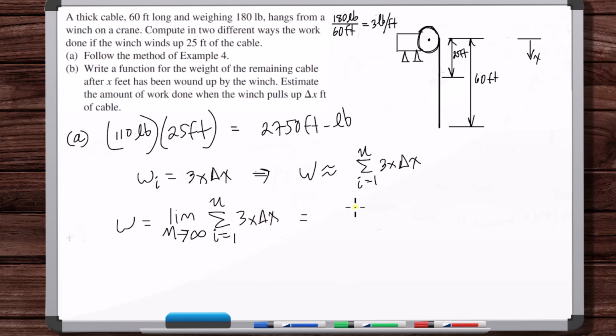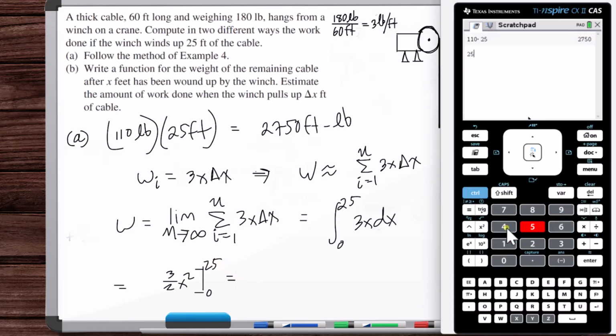And you can turn this into an integral, so we're going from 0 to 25 of 3x dx. So this is 3/2 x squared from 0 to 25.